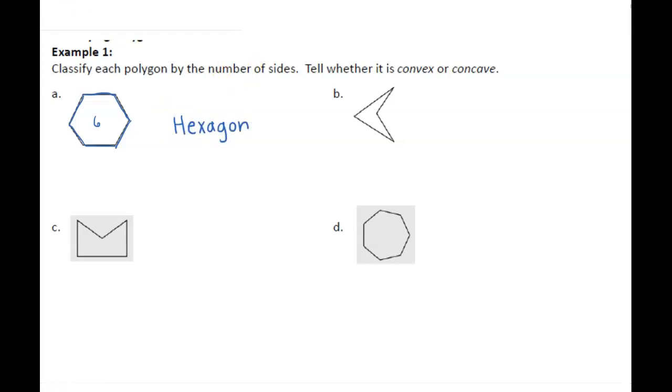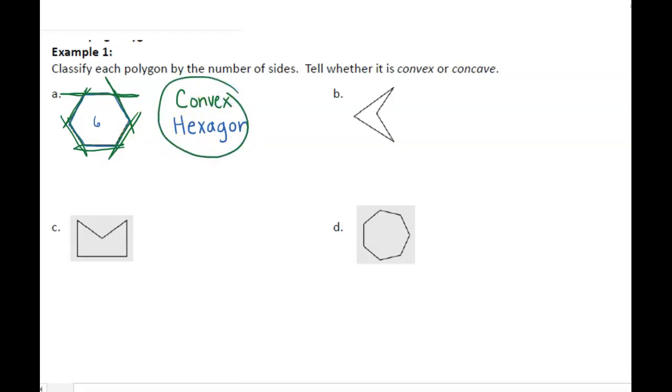Now I need to look, if I extend all of these sides, does any of them go through the hexagon? Does any of them go in the interior? Well, as I can see, no, they don't. They all stay in the exterior. So that means this is a convex hexagon, and that's what we would name it.